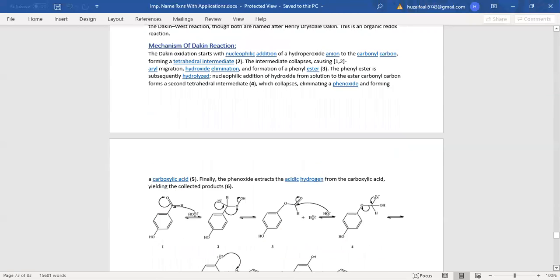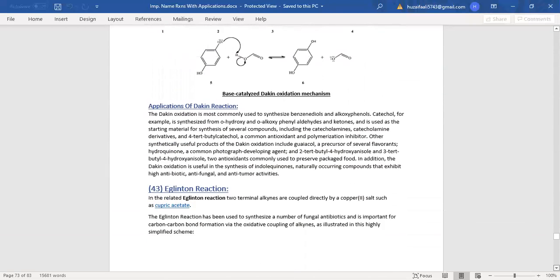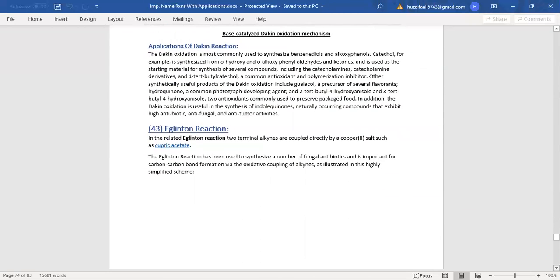Mechanism of Dakin reaction. Applications. The Dakin oxidation is most commonly used to synthesize benzenediols and alkoxyphenols.